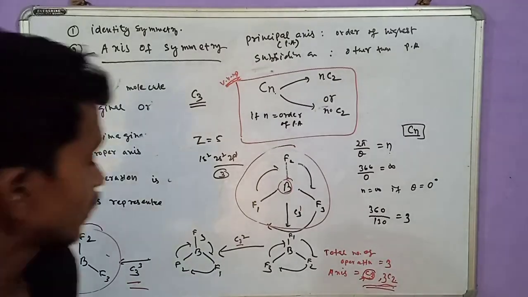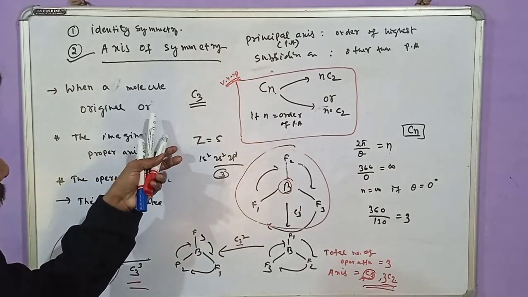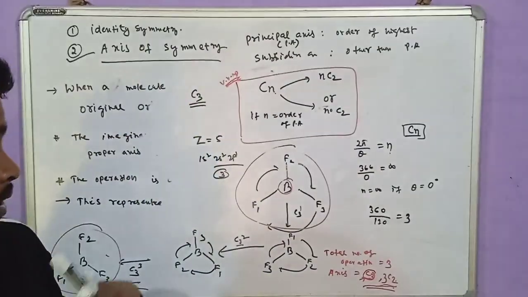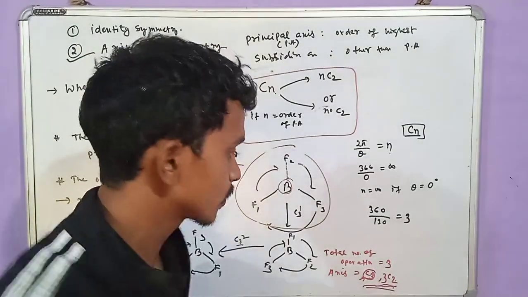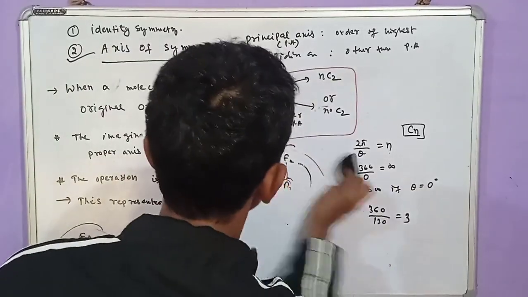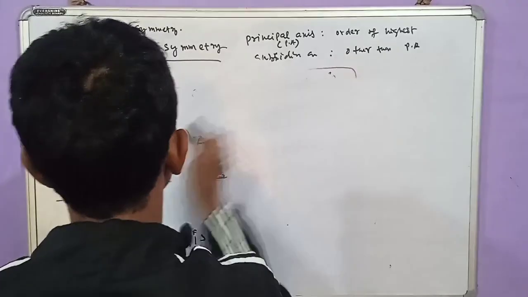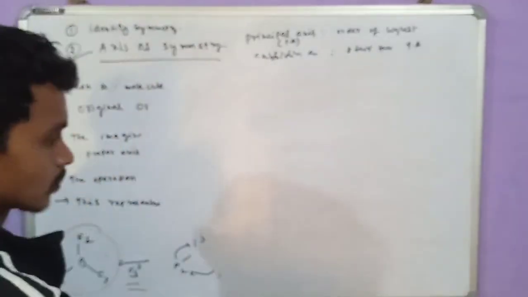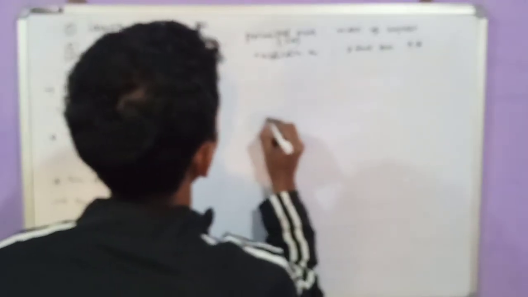So we will take another example. We have discussed C1, C infinity, C2, and C3, so let's discuss C4. Before discussing that, let's take other molecules like ethylene.